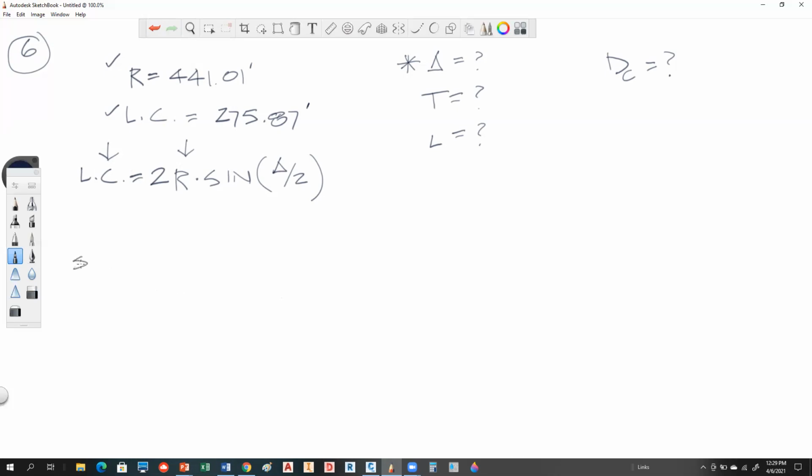We can say that the sine of half of delta would be equal to the long chord divided by 2 times r. Does everybody agree with that? Yep. Okay, so what we really want is delta. So if I have sine on this side, I'm going to take the arc sine of the sine, and that's going to give me delta over 2. If I take the arc sine of that, then I have to take the arc sine of this.